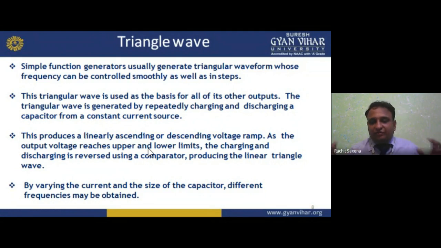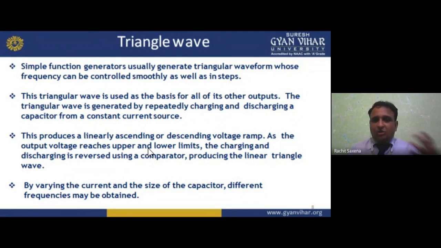Comparator is a word that comes from compare. So a comparator basically compares two inputs, in a phase or amplitude manner. So reversing using a comparator produces a linear triangle wave. I hope you understand.